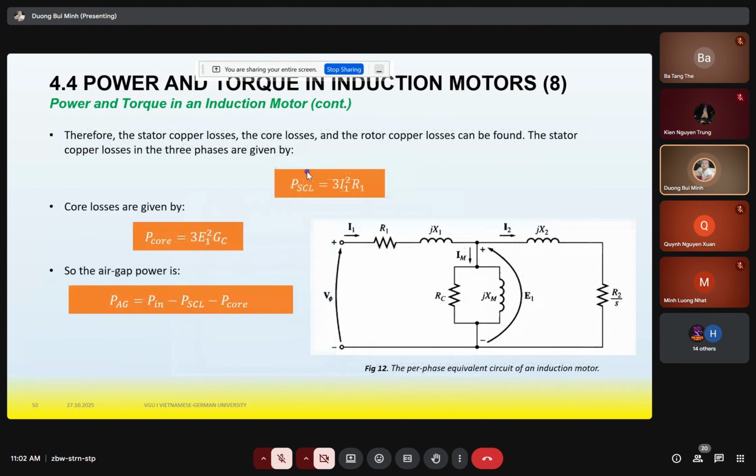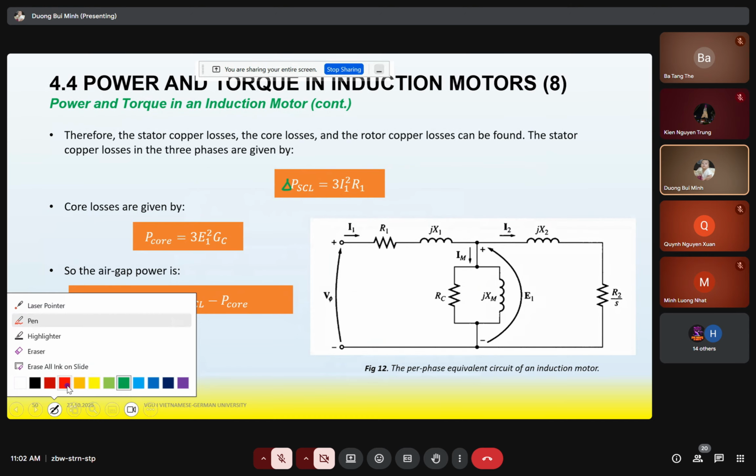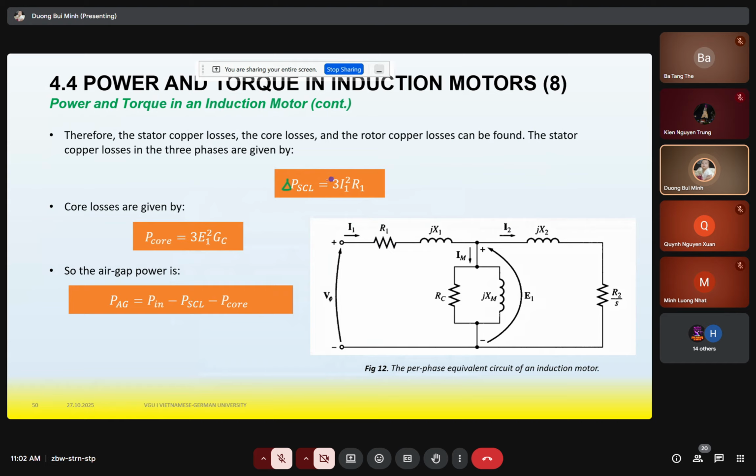So we have the formulas for the losses. Delta P_SCL is the stator copper loss, using the stator resistance and I1.